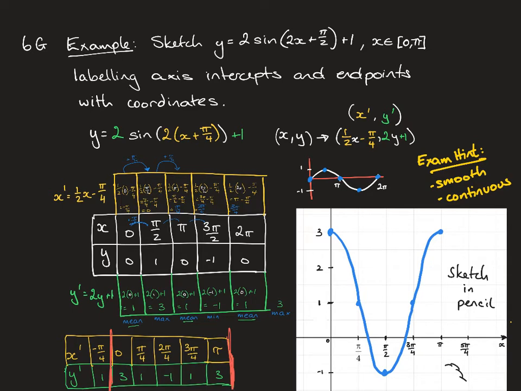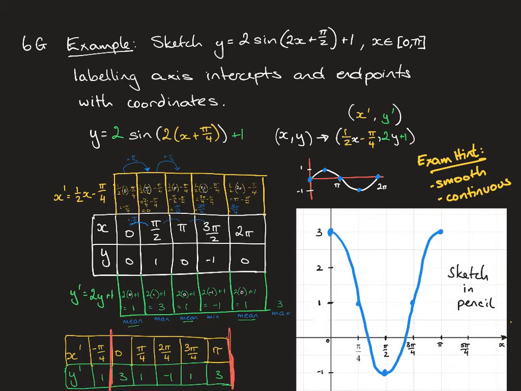You're not actually sketching the function that you were asked to sketch, and you won't get any marks. So sketch your graphs in a pencil and make your lines smooth and continuous. At the end, I've got some very large dots here, and that's fine. Our end points are included, and please make sure that your end points are clear, whether they are open or closed endpoints in any graph that you sketch.